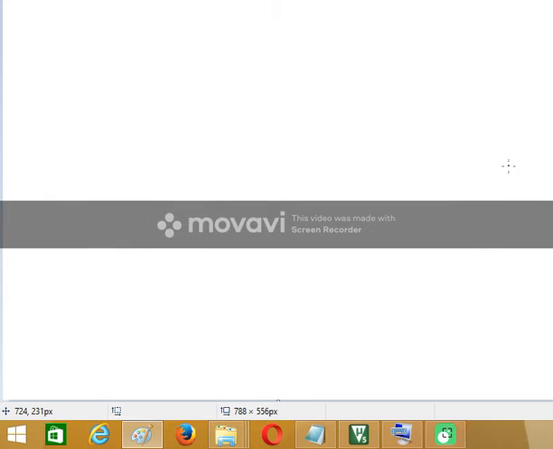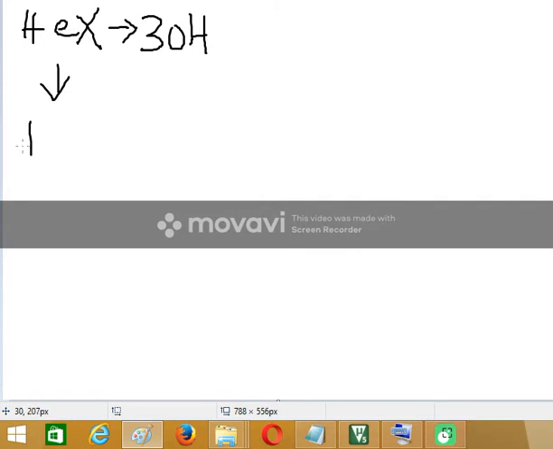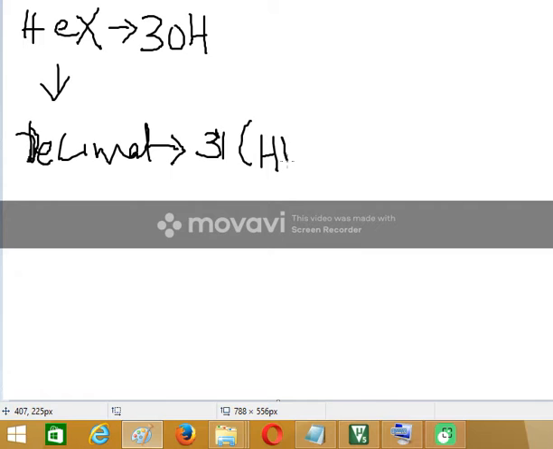Let us try. So take a question. We have a hex number in internal RAM location 30H. We have to convert it to a decimal number and store the higher byte, which means the hundreds place, in 31H and the lower byte in 32H.